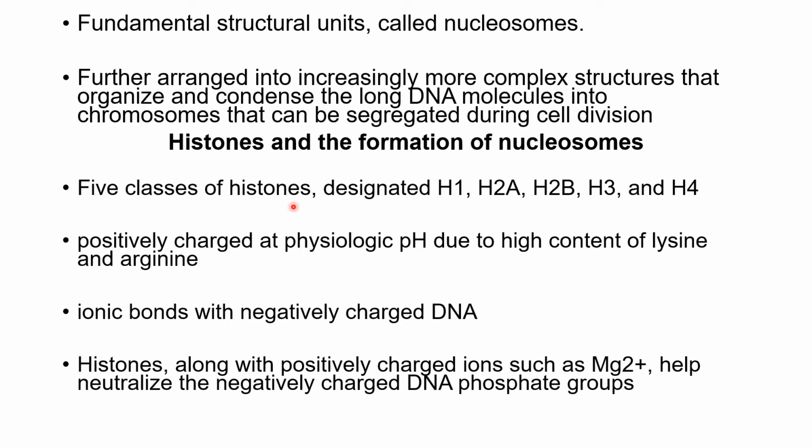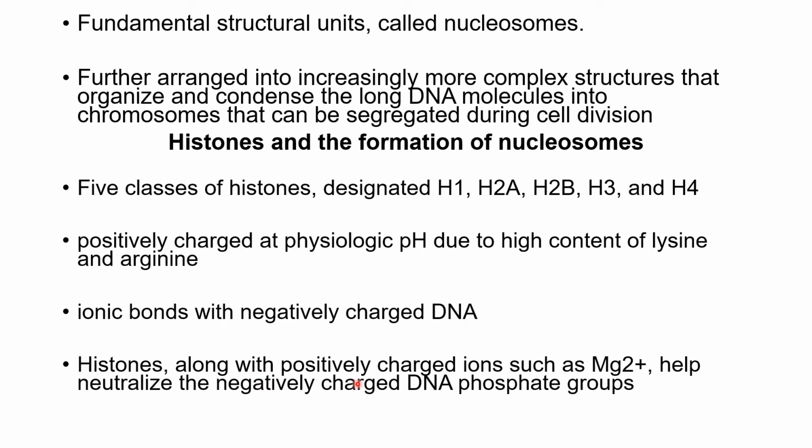These histones are basic proteins. They contain a high content of lysine as well as arginine residues, and due to the presence of these basic amino acids they are positively charged, while the phosphate groups present on the DNA are negatively charged. These positive charges and the negatively charged phosphate groups interact with each other and form the nucleosome.